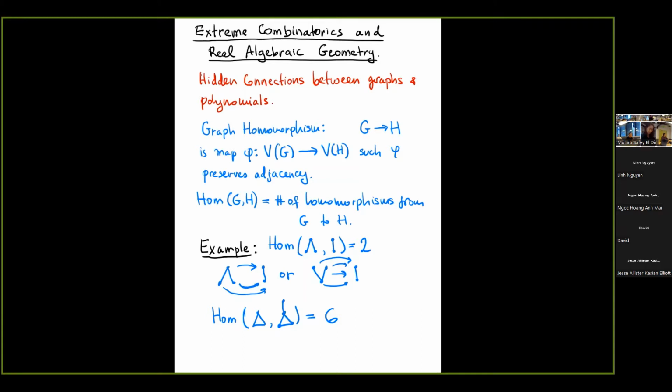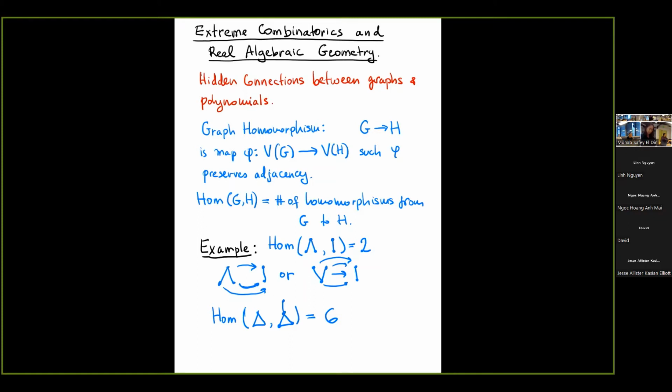So if two vertices were connected in G, then the images must be connected in H. In particular, the graphs that we're working with are assumed simple, so they will not have any loops or multiple edges. Because you don't have loops, two vertices that are connected in G cannot be mapped to the same vertex of H, because preserving adjacency would need to create a loop.